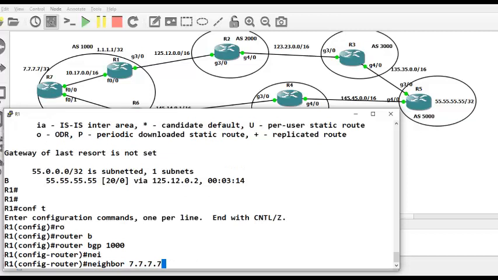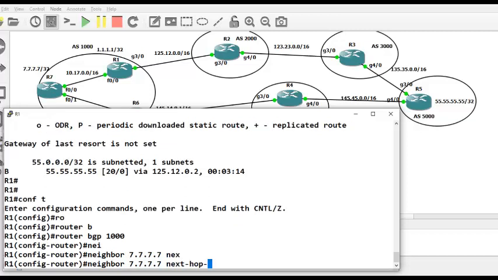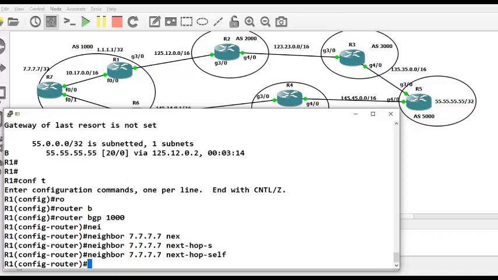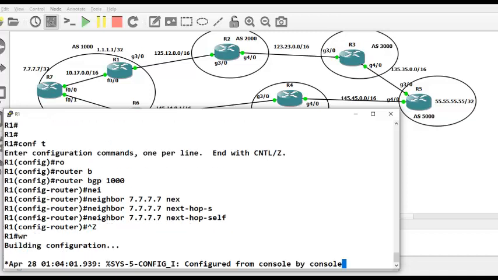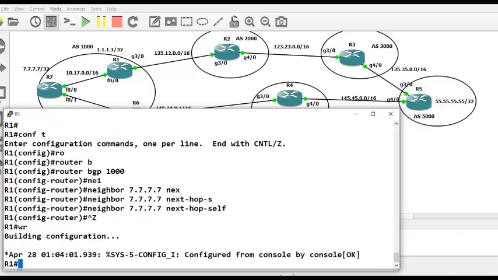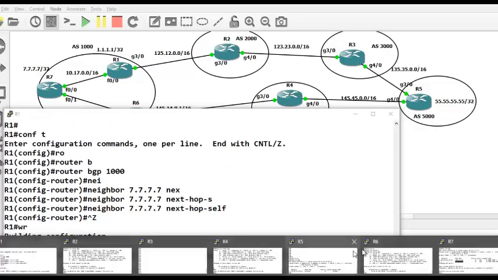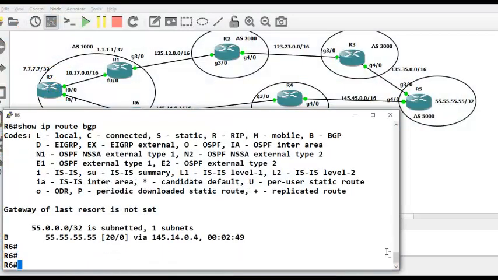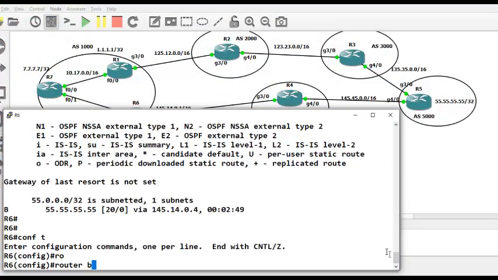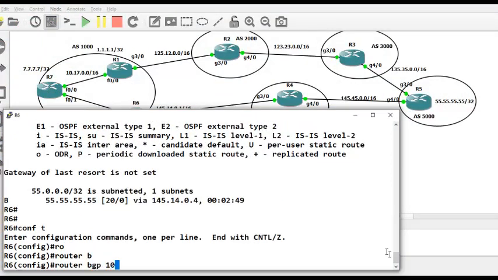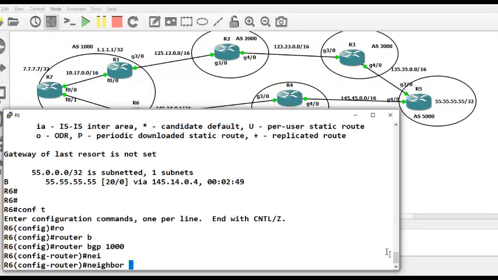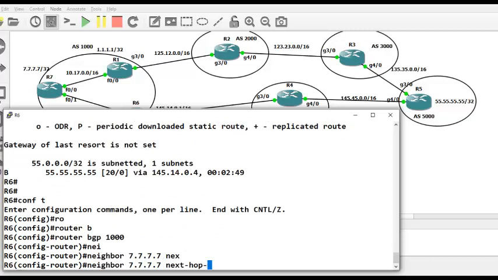Whenever you send anything, put your own address as the next hop. That's the meaning. Same on R6: router BGP 1000, neighbor 7.7.7.7, next-hop-self, done.